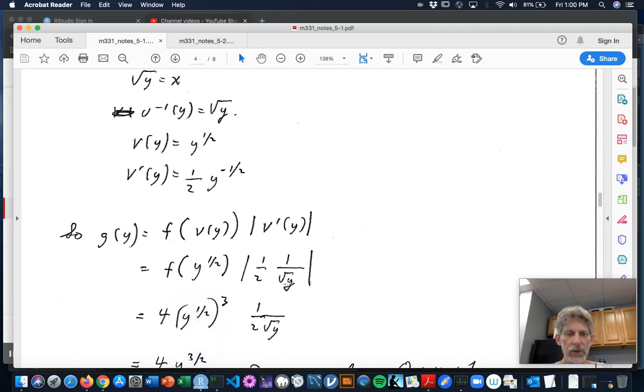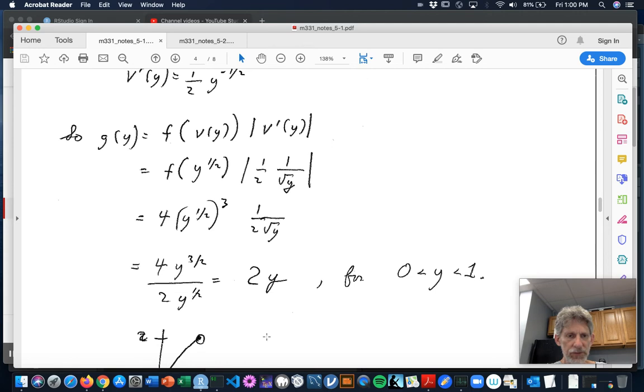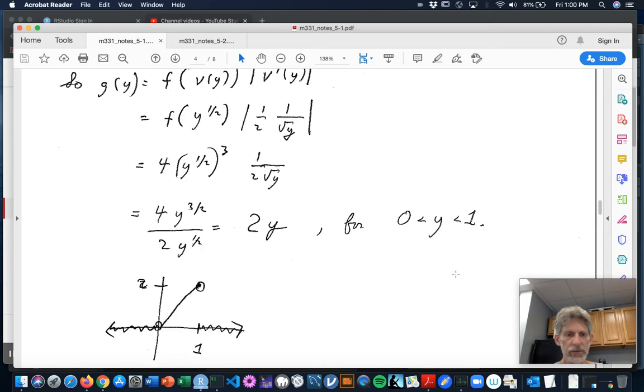And y is between 0 and 1, so the square root of it is a totally well-defined real number, which is also positive. So I can just go ahead and take off those absolute value signs. And a little simplification leads me to 2y. And that's good for all the y's over the entire support.